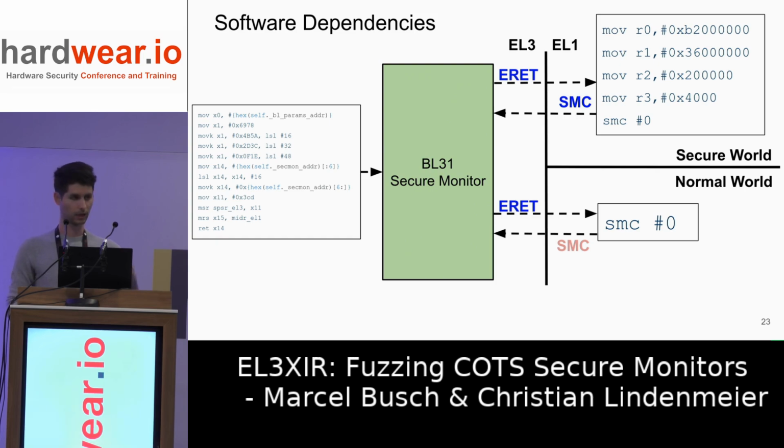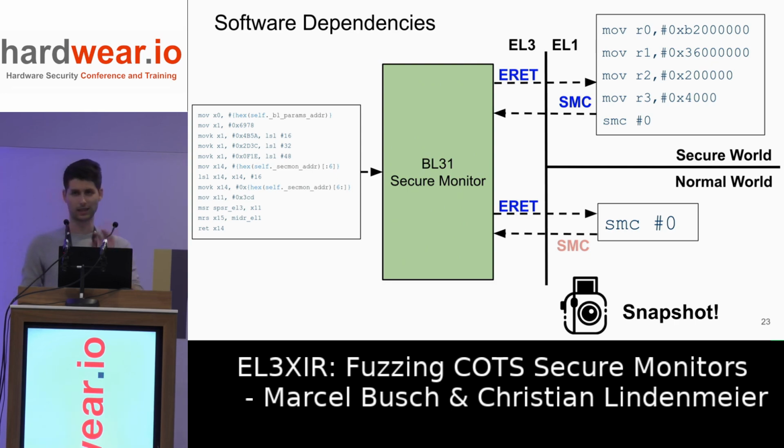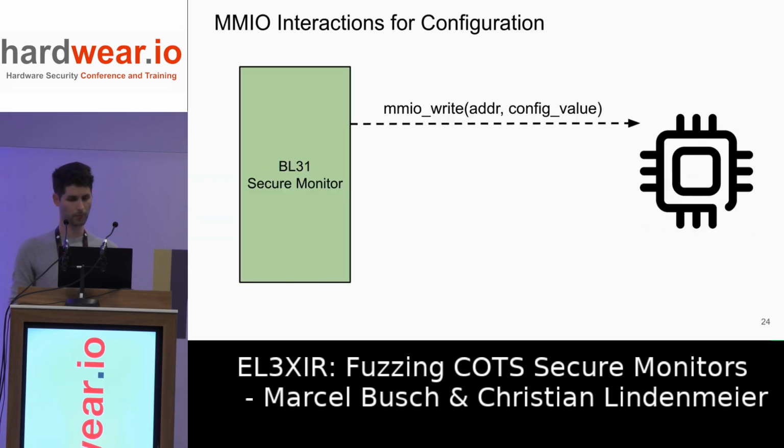And we will see how we can do this later on, a little bit more in depth. For now, we just take a snapshot of the booted up system, that we can later use during fuzzing for super fast resets. Okay, perfect. Software dependencies basically solved.